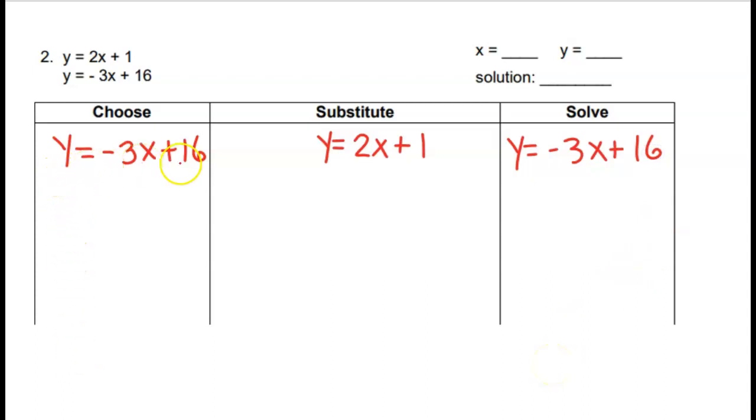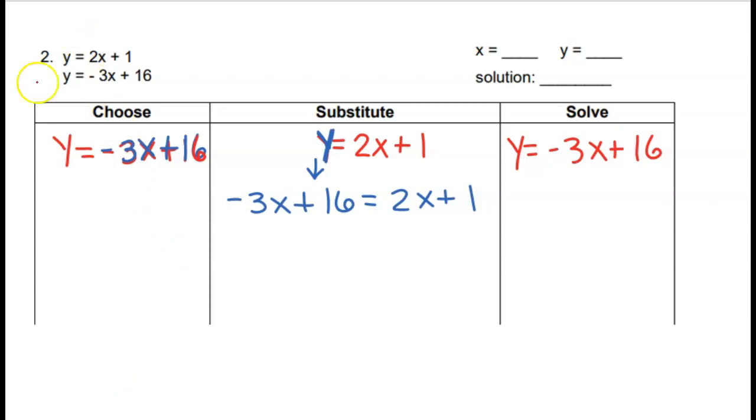This has already been solved for y. So in place of this y right here, I'm going to put this part right here that is equal to y. In place of this y, I'm going to put negative 3x plus 16 equals 2x plus 1. And I need to solve it for x because x is the variable that's left.